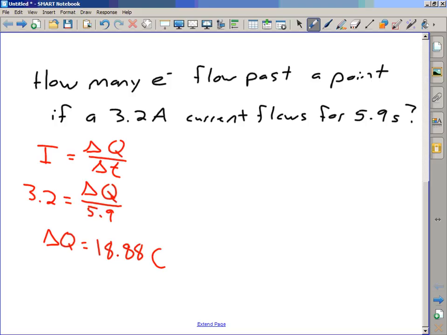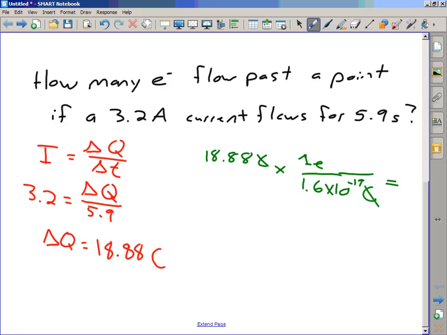Now I need to convert from coulombs to electrons, which is exactly what we've already done. This is 18.88 coulombs times 1 electron has charge of 1.6 times 10 to the negative 19 coulombs. Coulombs will cancel, giving me a number of electrons. Okay?